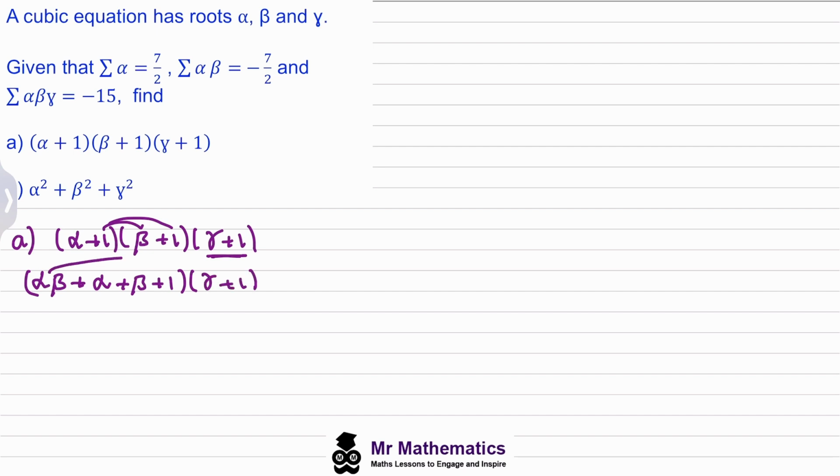Now we'll get alpha beta gamma added to alpha beta, and then alpha gamma plus alpha, and then beta gamma plus beta, and then gamma plus 1.